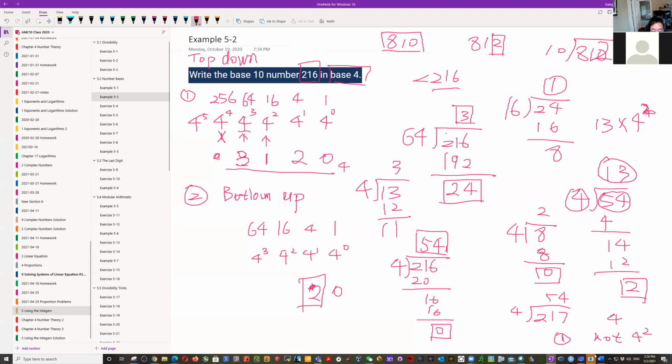And so the portion 1 is a multiple of 16, but not a multiple of 64, because this came out of 13, which is a multiple of 4.